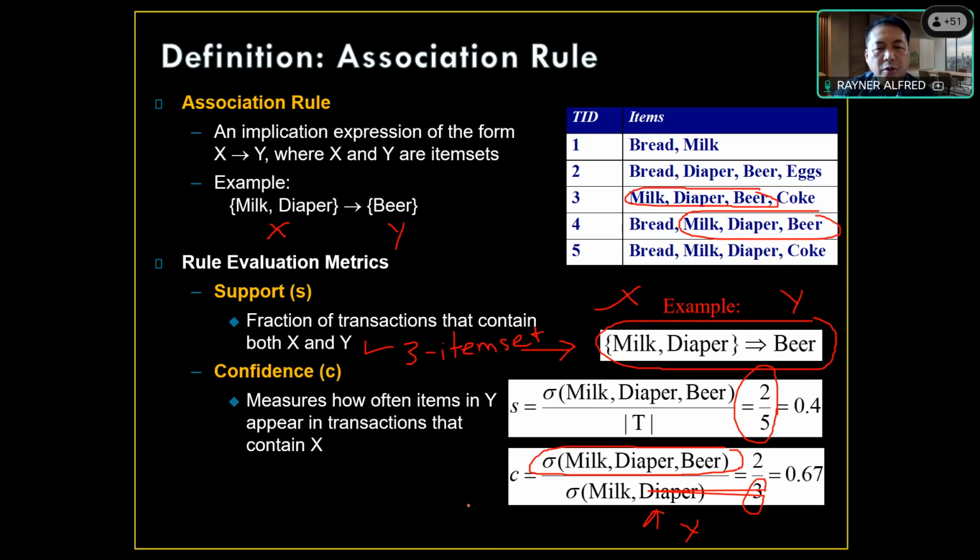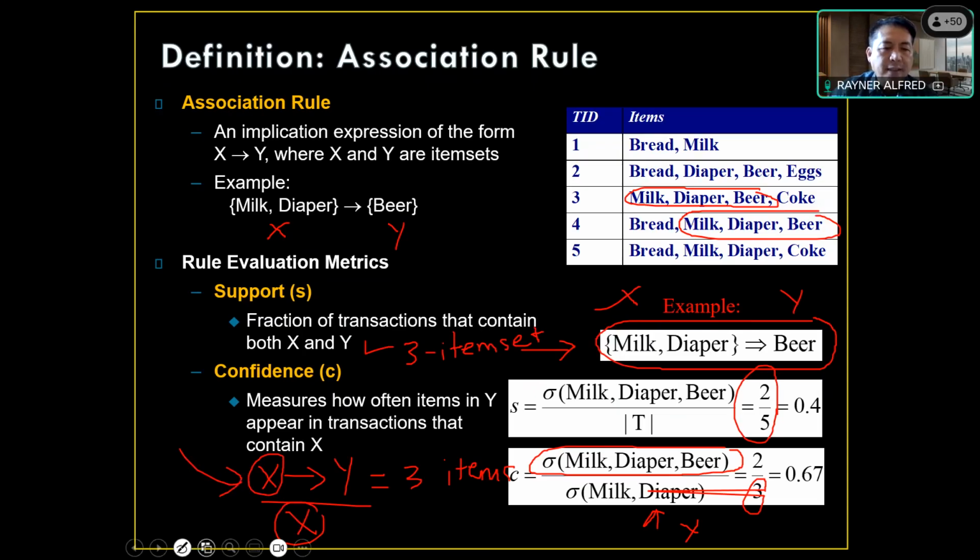So what we are trying to say here is that because we say X going to Y, and in this example we have 3 itemset, we divide by X because we want to know what fraction of the transactions that we have will allow us to have this.